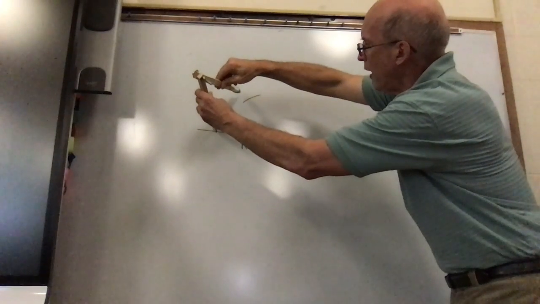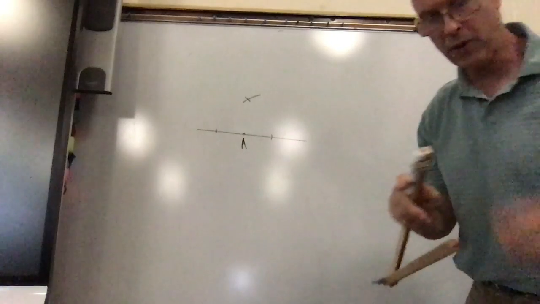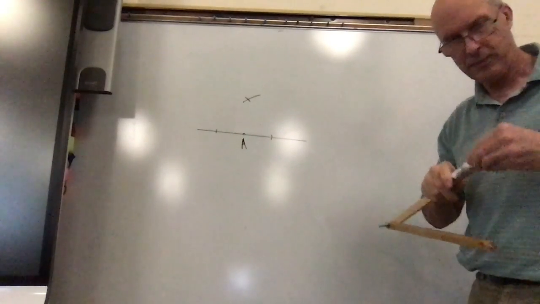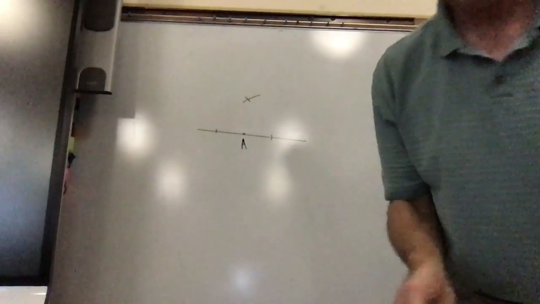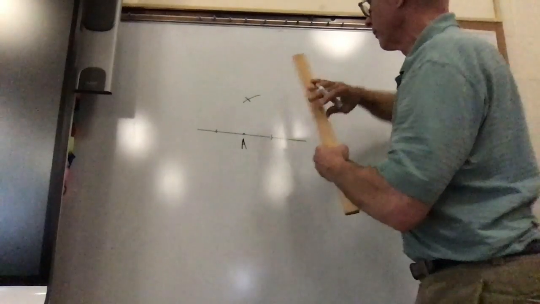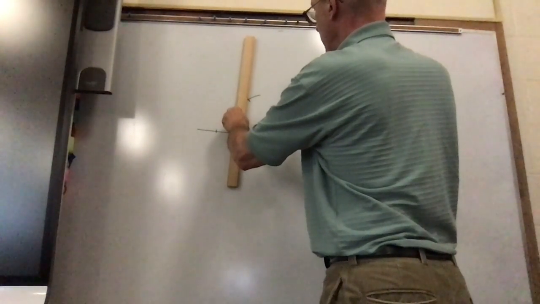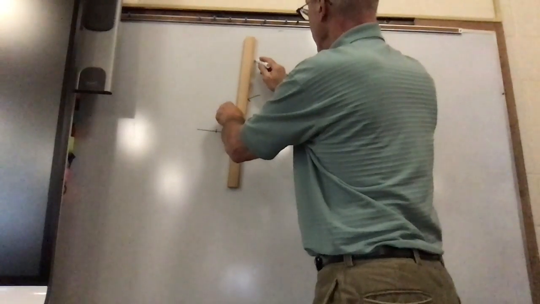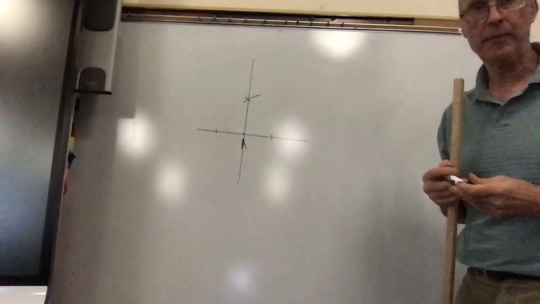Put your compass on that side, make a little arc. And the point where those two cross, if you draw a line through there, is going to give you a perpendicular line that goes through point A.